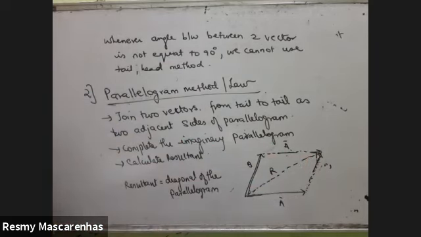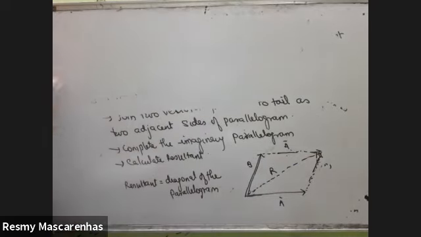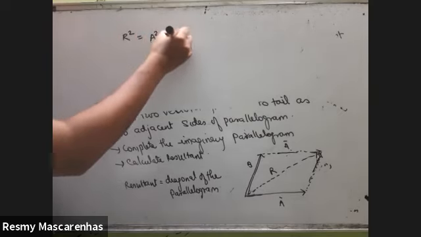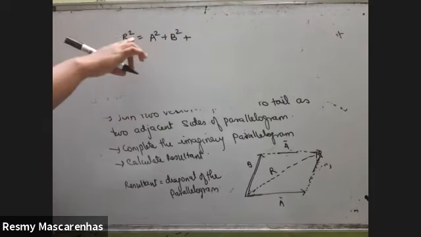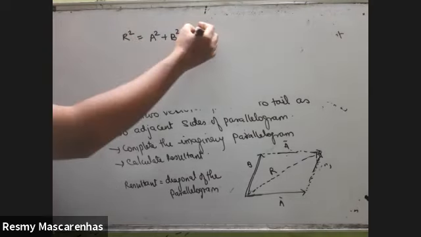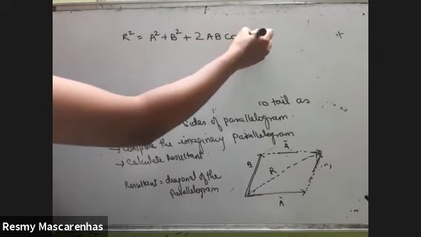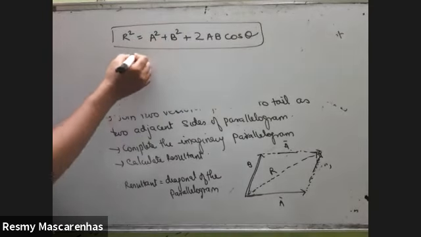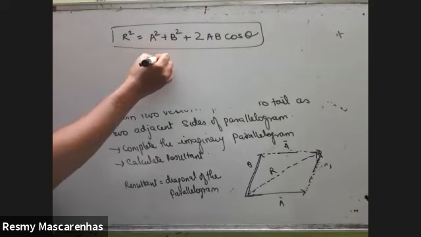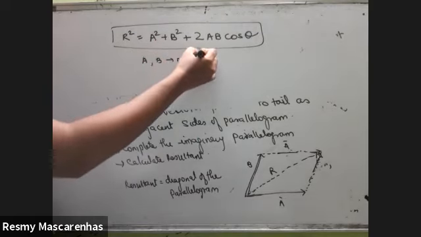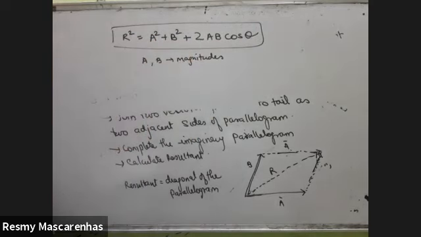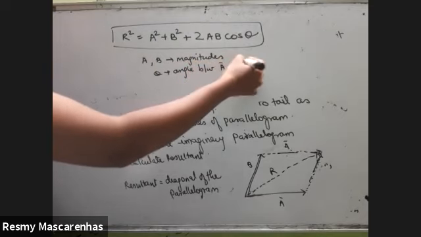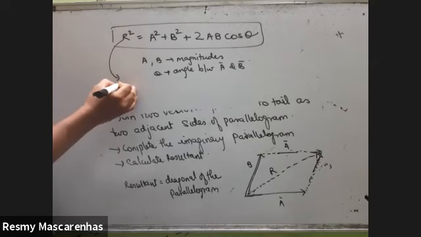So the resultant formula, you have to learn by heart. R square will be equal to A square plus B square plus 2AB cos theta. This is not the Pythagoras theorem, this is a different one. These are all the magnitudes, A and B are the values, and theta is the angle between them.